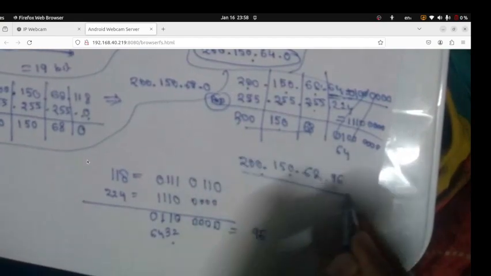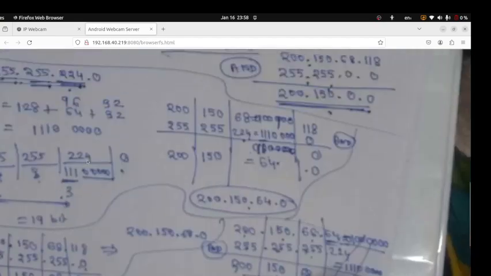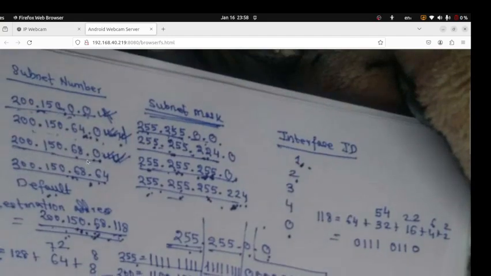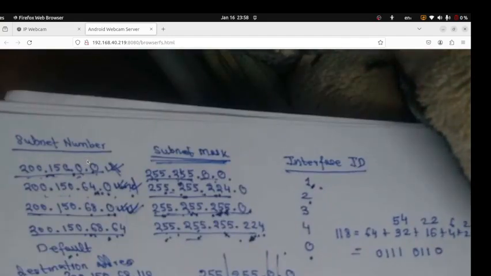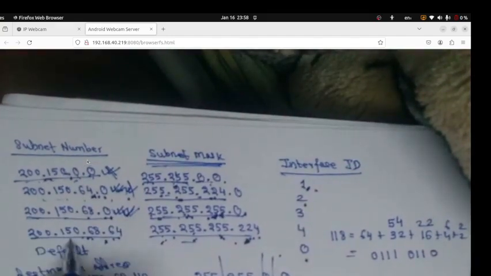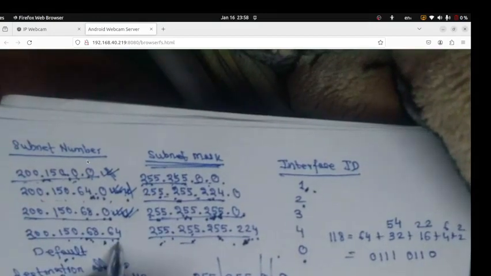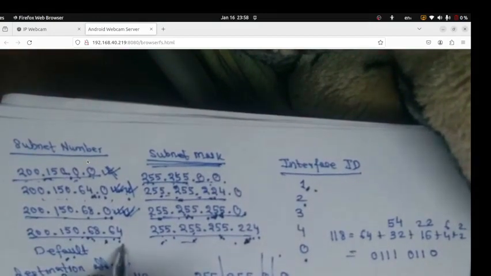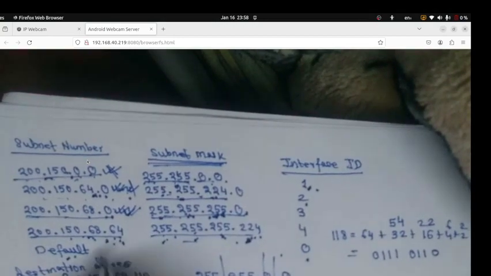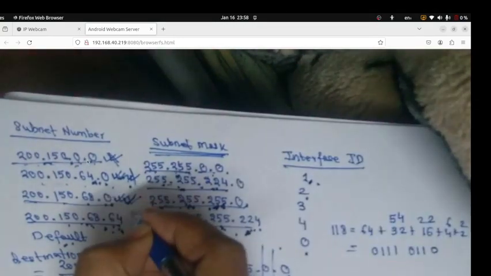So that is the network address, and if we compare it with the routing table, the 200, 150, 68 match, but the last value was 96 and here 64. So it does not match with this particular network.